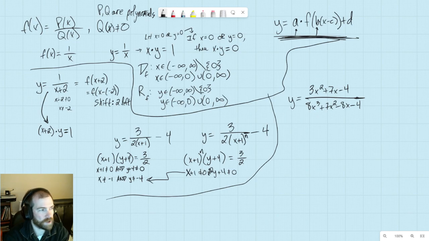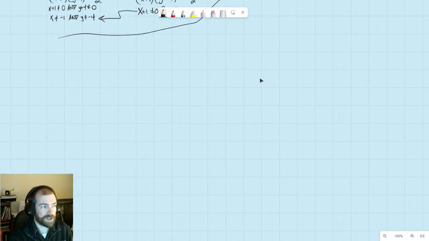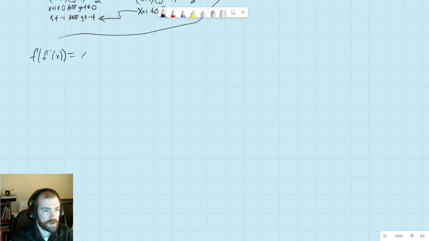Implicit differentiation. There are 2 ways to go about this. So one, and this is a formula that I only just learned about this semester, because our OpenStax book uses this, but none of the other classes that I have ever taken or taught have ever used this before. So we know, for example, that f of f inverse of x is equal to x.